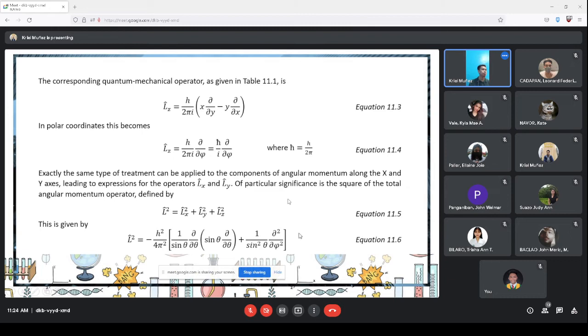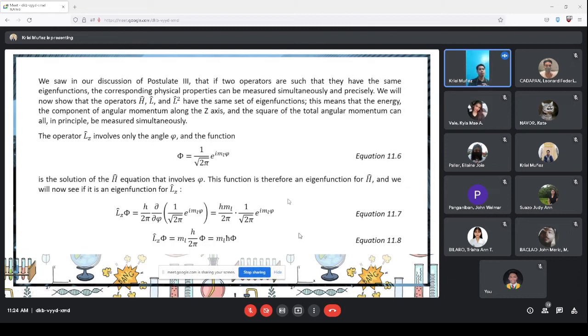So we saw in our discussion of postulate 3 that if two operators are such that they have the same eigenfunctions, the corresponding physical properties can be measured simultaneously and precisely. What we are talking about there is whether the operators are commuting or not.